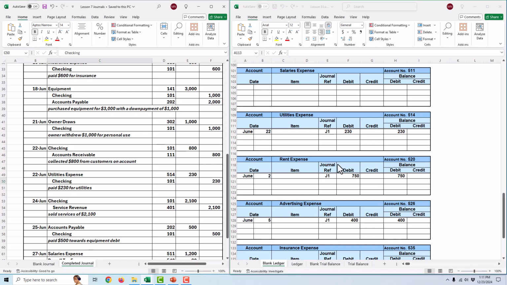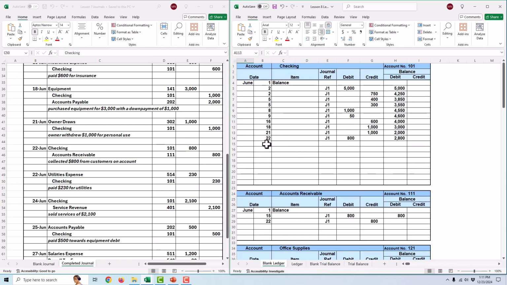And then checking was a $230 credit. There was a $2,800 debit balance before. I would subtract the $230 credit from the debit to get a $2,570 debit balance.